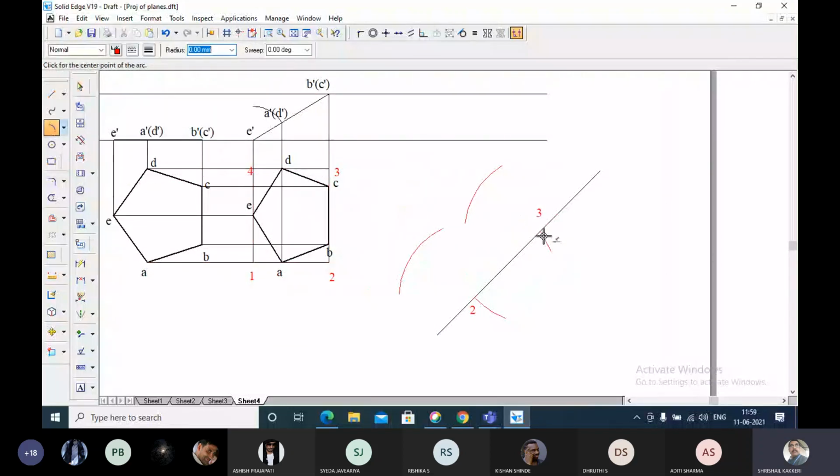So take the arc from this end, 52.12, and again from this end, 52.12. In a single setting you can do it, otherwise you'll have to do it two or three times.